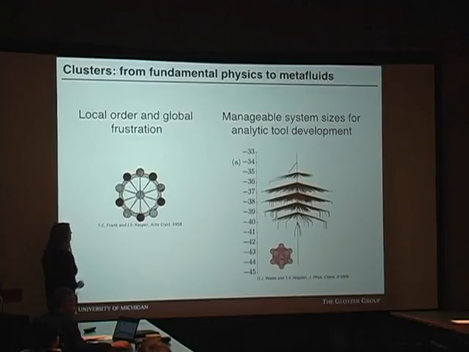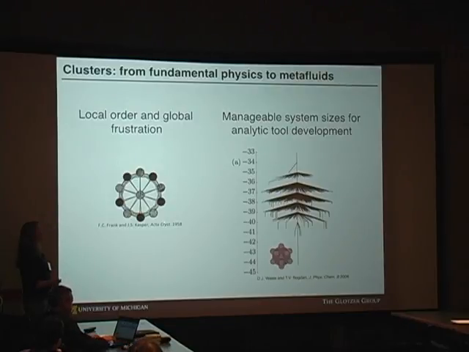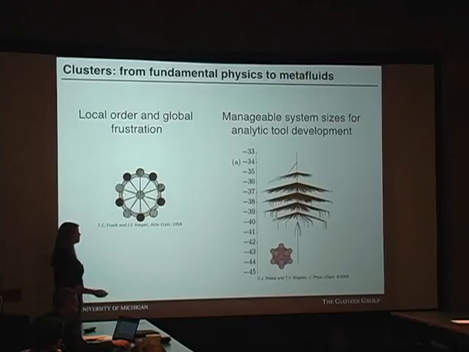One of the reasons they're so interesting is because they represent locally preferred motifs that a certain system might have, and whether or not these motifs are commensurate with the bulk structure has some bearing on whether the system can successfully assemble into its bulk structure or whether there are barriers for that.